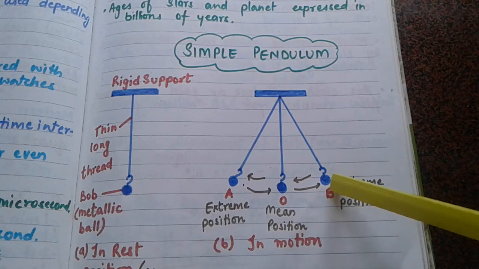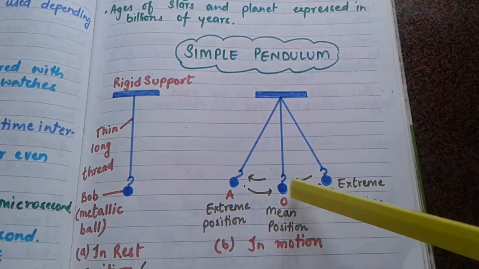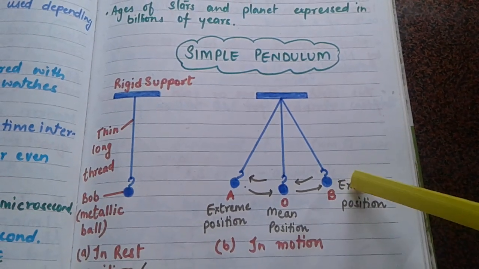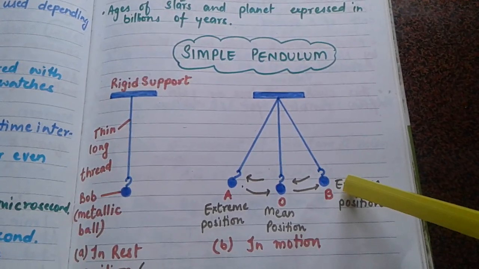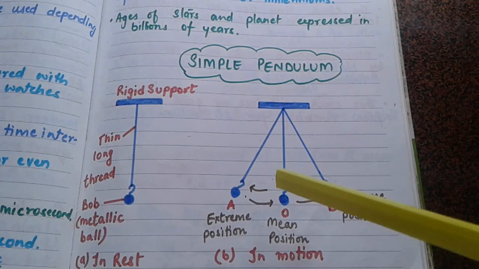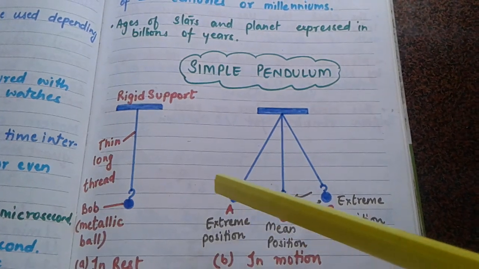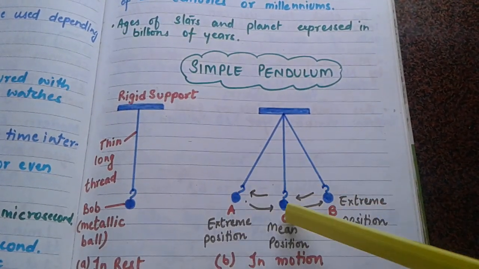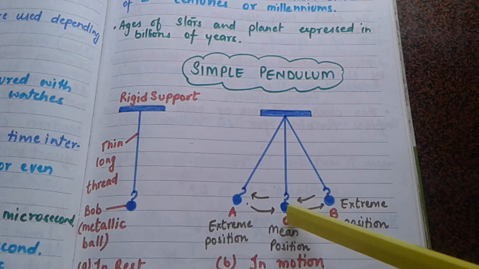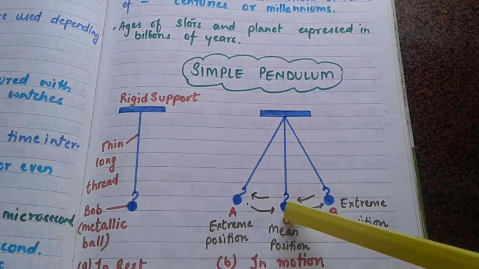Next, the time taken by the bob of a pendulum to complete one oscillation is known as the time period of the oscillation or of the pendulum, and that is denoted by capital T. The time taken by the bob to travel from A to B and again back to A, or if I start from O, then from O to B, then to A, and again back to O, is one oscillation.